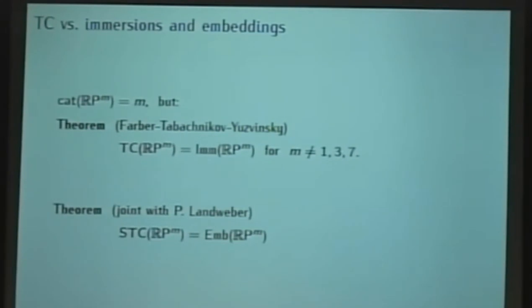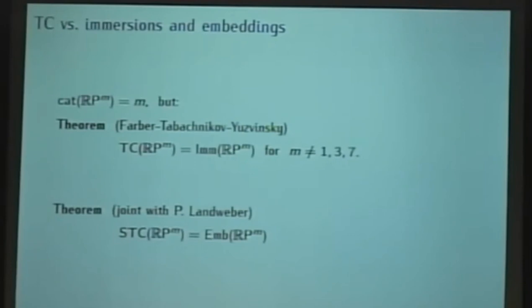Now let me say a little bit about, well, at this point you could ask, what's so special about that equality, TC being equal to the immersion dimension of a given manifold?